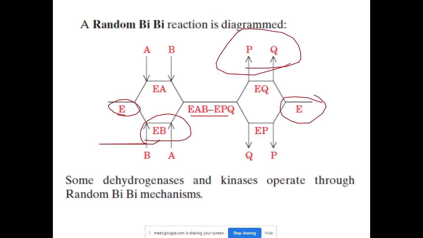You can go through this by yourself because it's very easy. What I'm trying to say here is that unlike the ordered mechanism, there is no particular order in the binding of the substrates to the enzyme. That is most important.